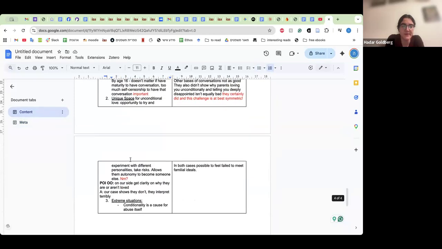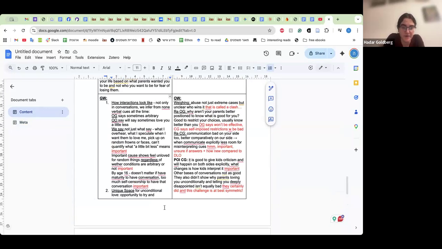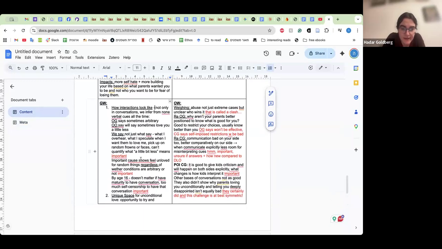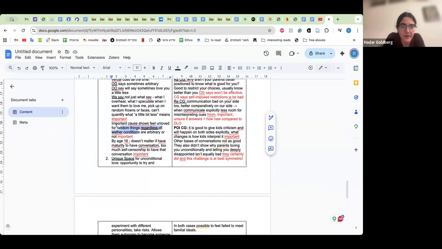I think CG also say, by the way, that their case is actually not contingent on whether or not conditions are arbitrary or not. Hold on, let me see where they had it. I noted it to myself. Here, there we go.